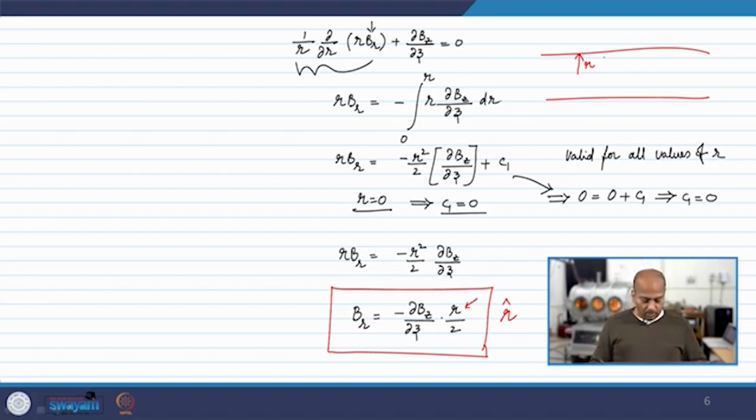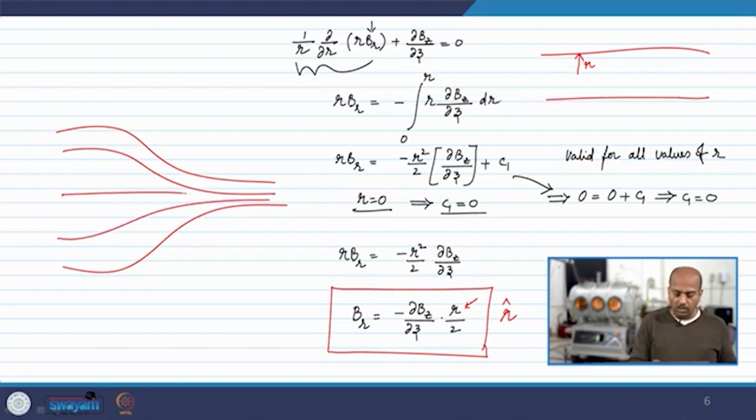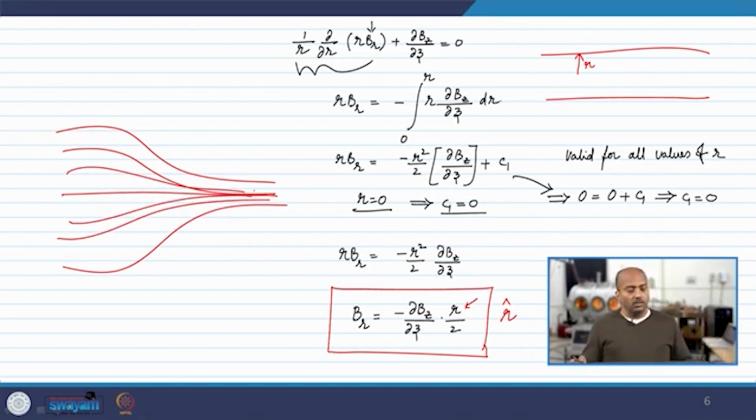So, you go back to this cylindrical geometry you see here. I will just draw it, something like this, right. So, with increasing values of r, you will get more and more stronger magnetic fields. That is the meaning of this.